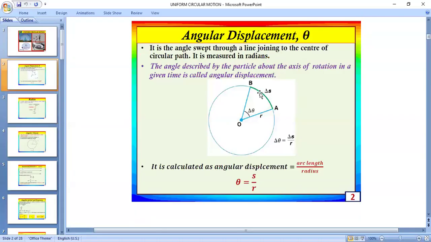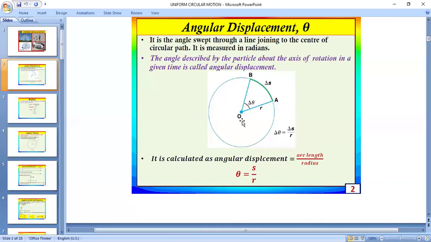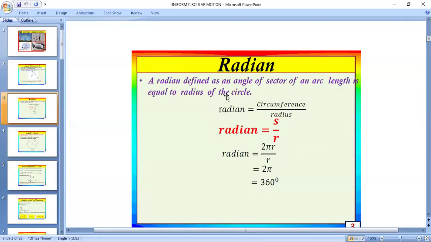If AB equals radius, therefore we will have the angle subtended here, which is angular displacement, to be 1 radian. So definition of a radian is angle of sector of an arc that is equal to the radius of the circle. As you can see here, if S equals R, then theta equals 1 radian.